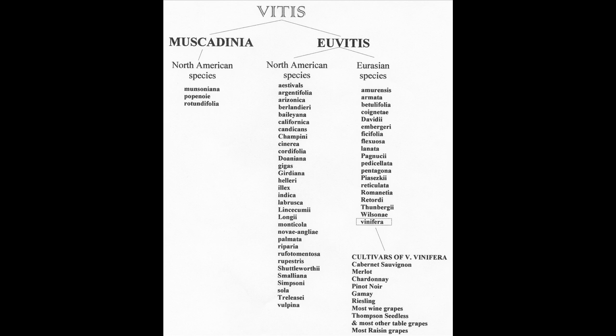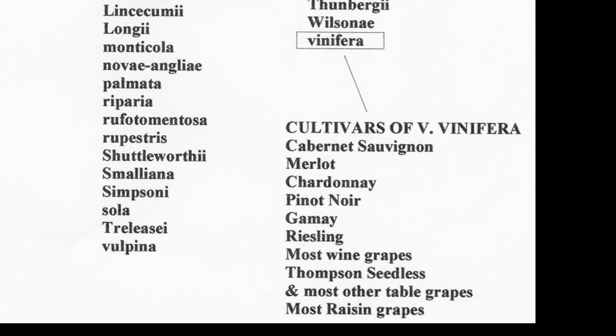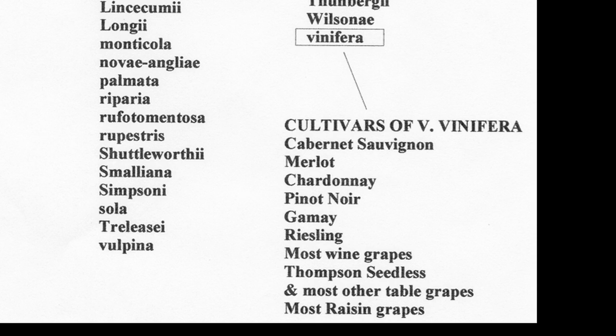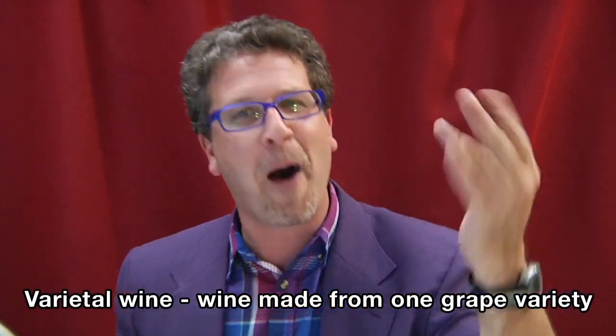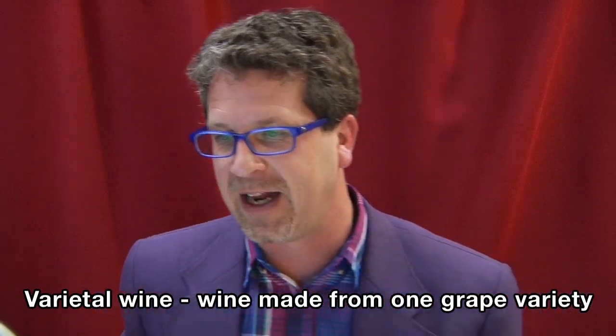But this one species called Vitis vinifera has thousands of subspecies, aka cultivars, aka varieties, which is why a wine made from just one type of grape, one grape variety, is called a varietal wine. Well played. I knew you did that in your head already.